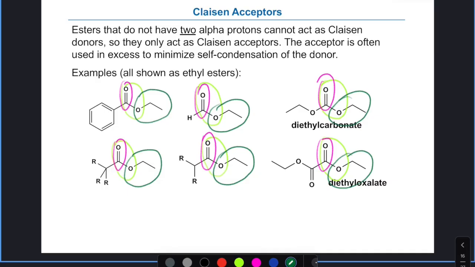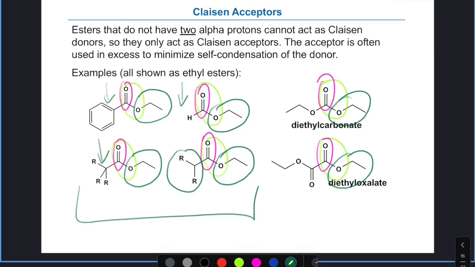Each of the four compounds over here is set up so that they pretty much do not have any alpha protons. Here, zero alpha protons. There's not even an alpha center. This is fully substituted. This one's special. What's going on here? Does that one have an alpha proton? It's got one, so I can deprotonate it.